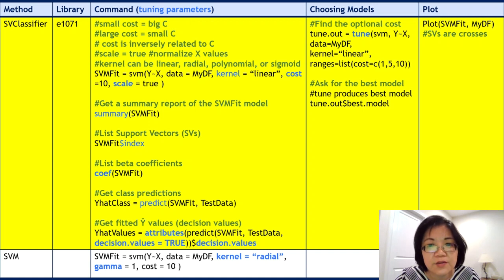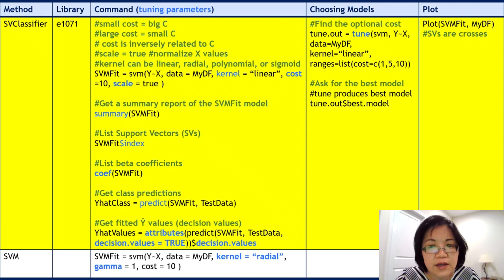On the right-hand side, to cross-validate and choose models, you can use the command tune. Tune takes an SVM model, the y tilde x formula, and then you can give it a range of cost values.